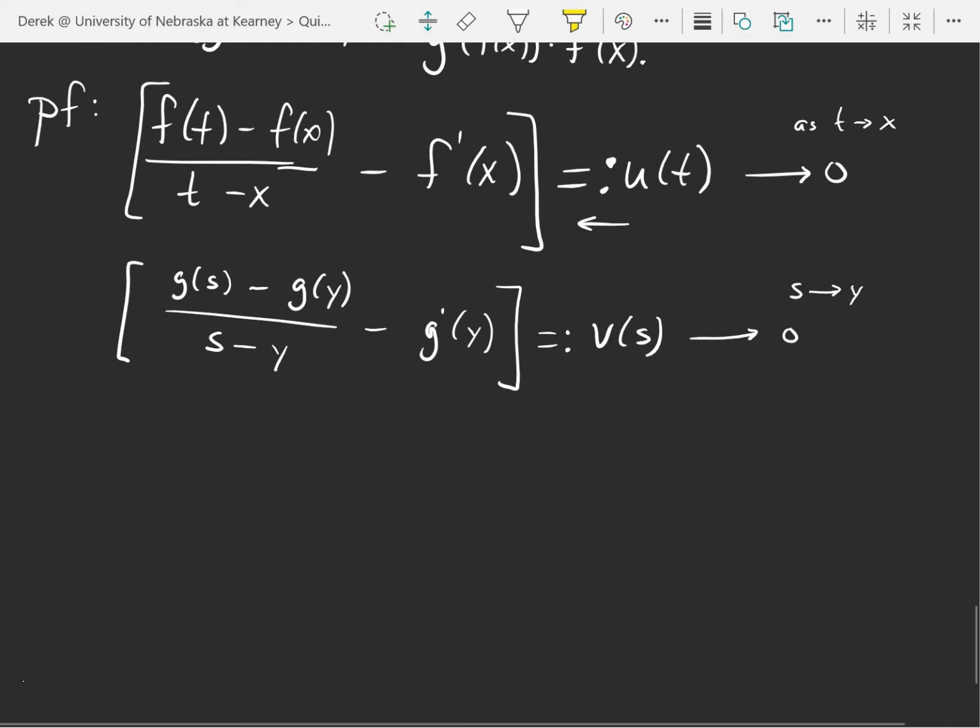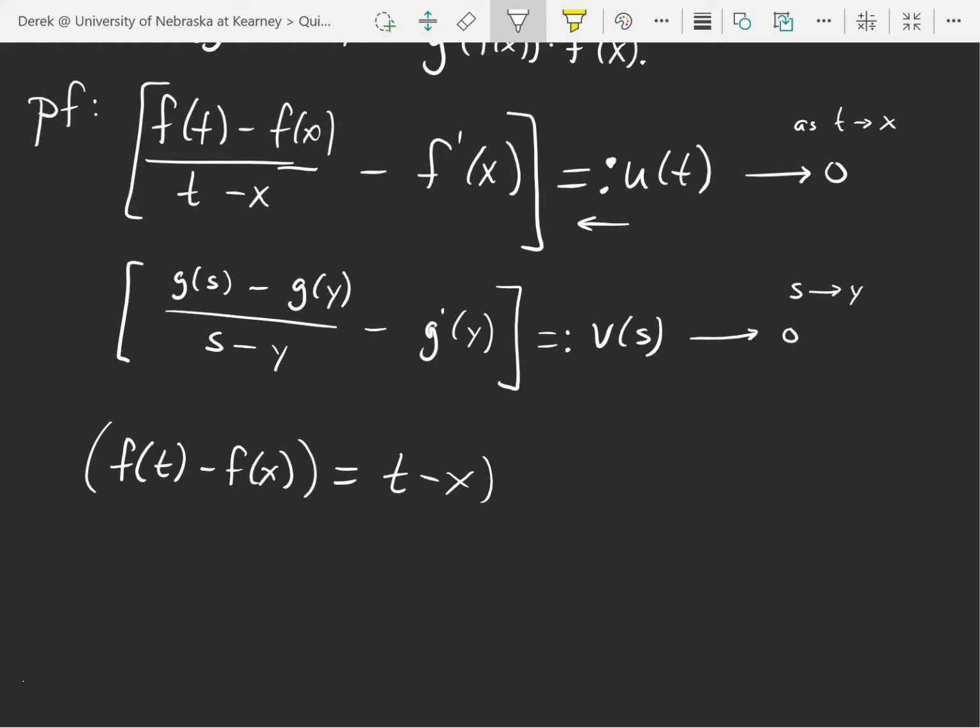Okay. Now, let me do these again and rewrite things. So I've got f of t minus f of x is equal to t minus x times f prime at x plus u of t. So that's just the first equation.